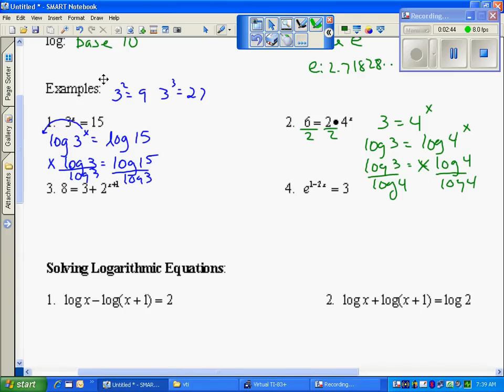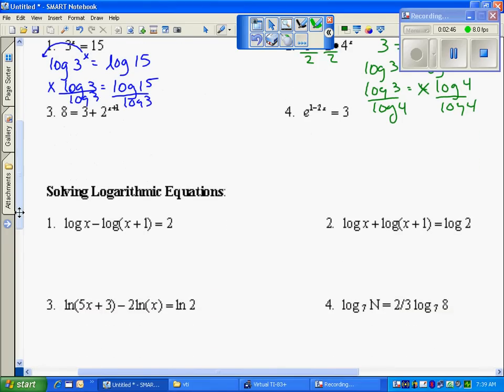In this case, before you go logging, you must subtract the 3. So I get 5 equals 2 to the x plus 1. When I go logging, the whole purpose was to bring that exponent down. Log of 2 base 10 is just a number, which I can divide both sides by. And then the last thing to solve for x, I need to move this 1 over.